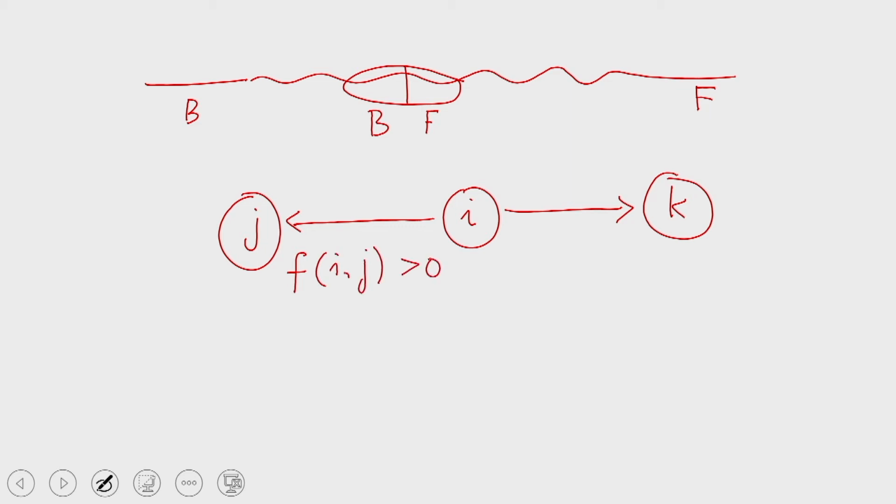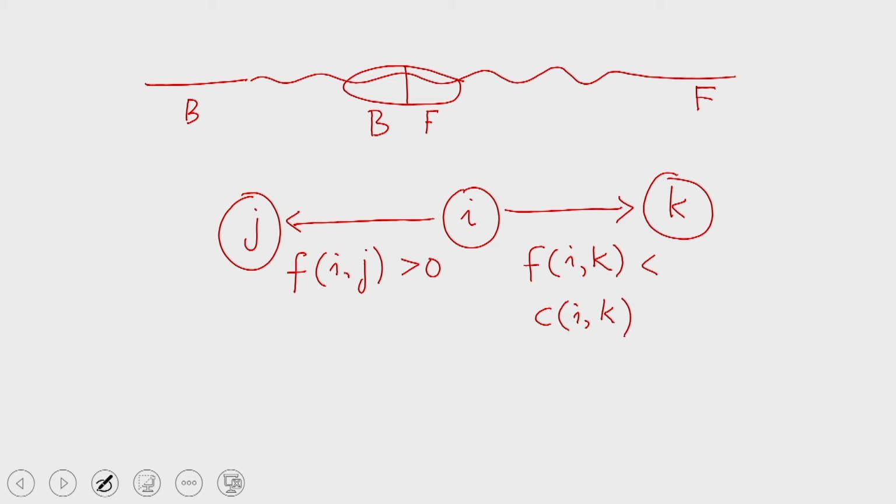The actual flow is from i to j. So we would be pushing more flow along this path by reducing the flow from i to j. On the other hand, since ik is a forward edge and is a part of the augmenting path, its flow f of ik is less than c of ik. This edge is unsaturated, so it is possible to push more flow along this path.